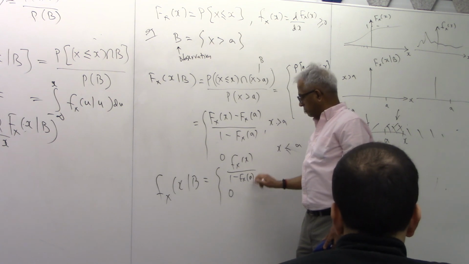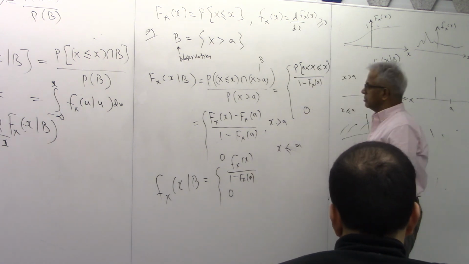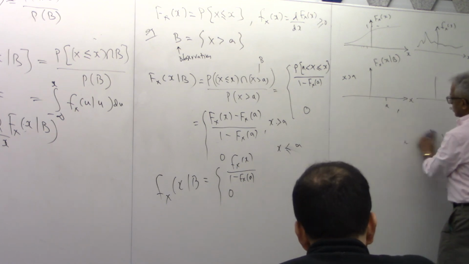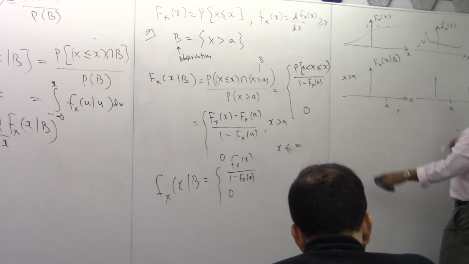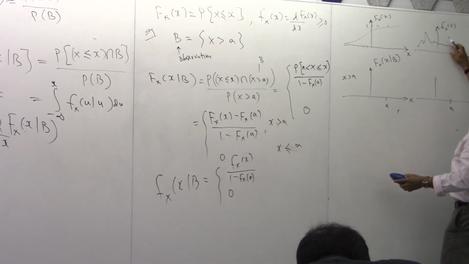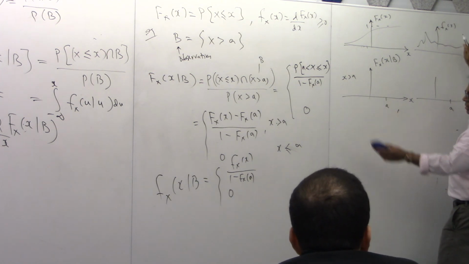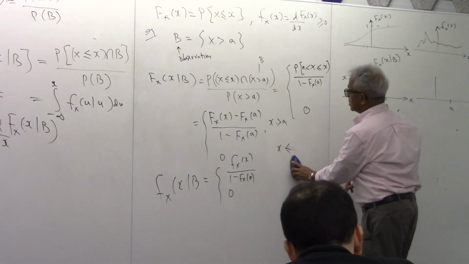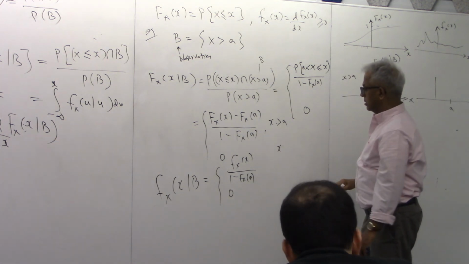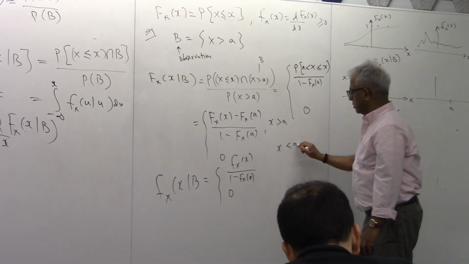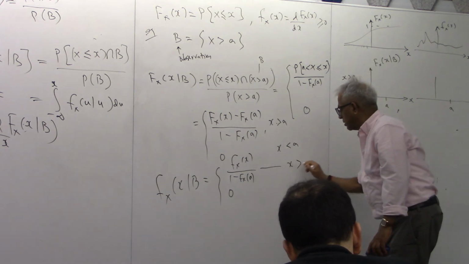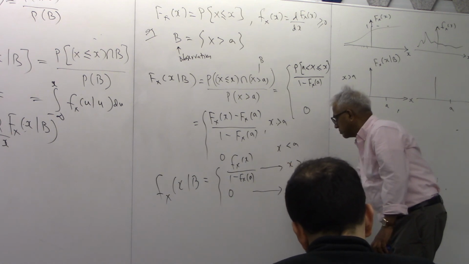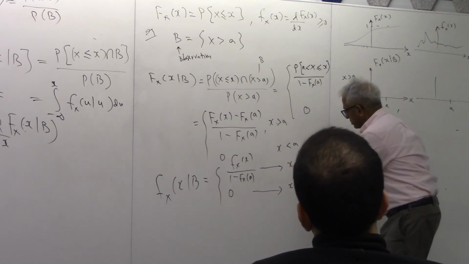All right, so if you check another example, I'm just going to copy it here. The density function is simply a scaled version of this for x greater than a, and 0 for x less than a.